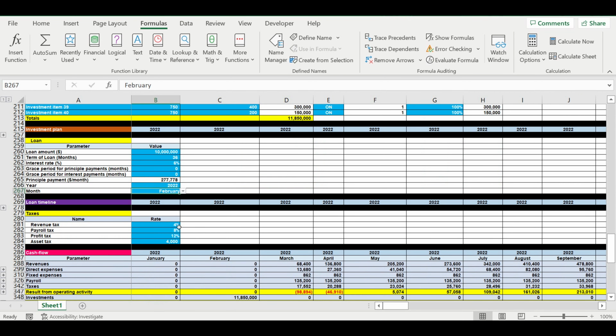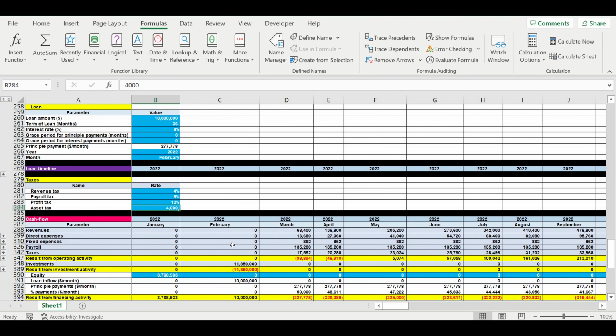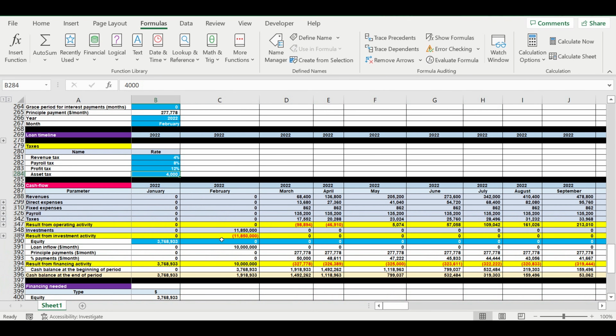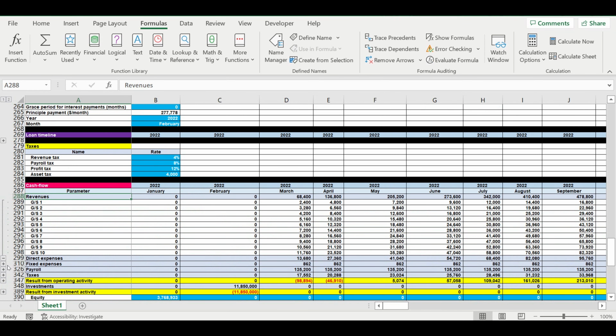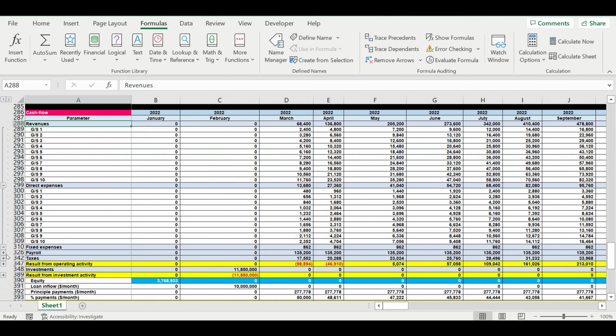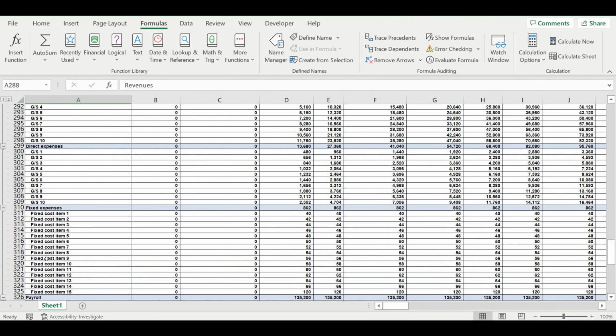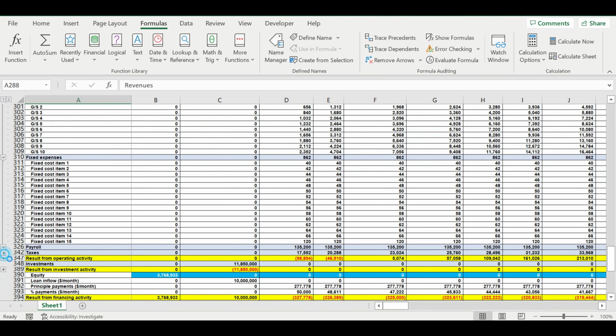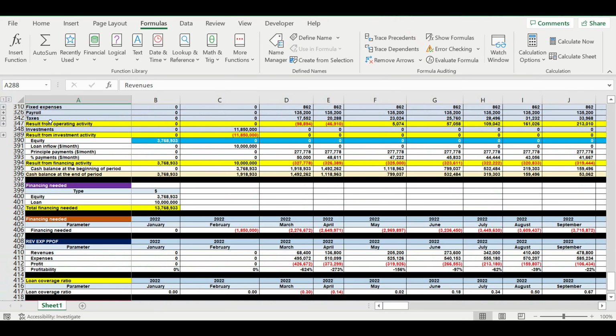Then you specify the rates of revenue tax, payroll tax, profit tax, asset tax, and absolute values per month. And then finally you move to the cash flow statement, where you're able to see the structure of revenues, the structure of direct expenses, the absolute value of fixed expenses, payroll, and all expenses and revenues.